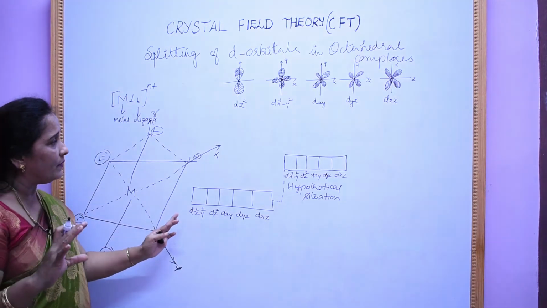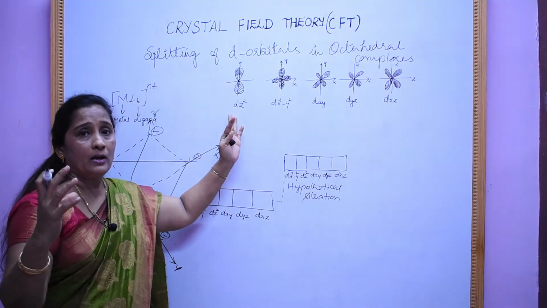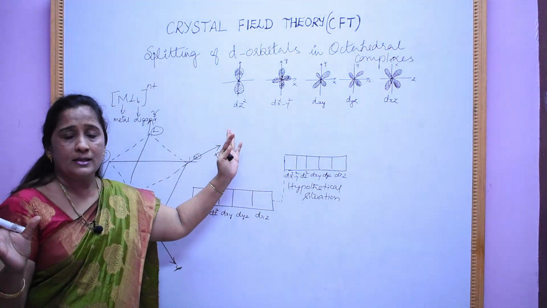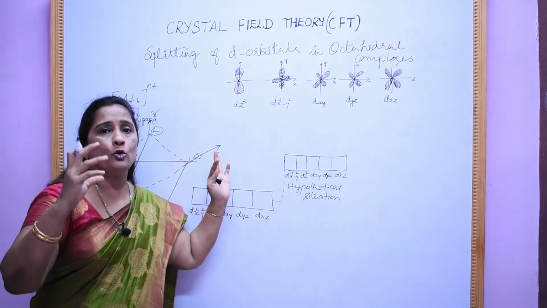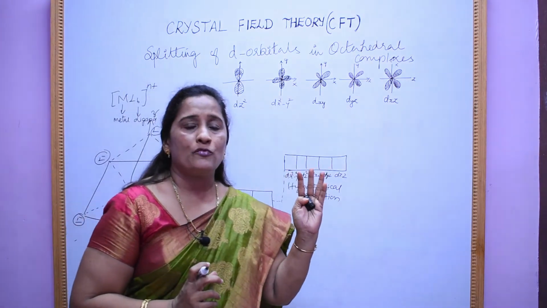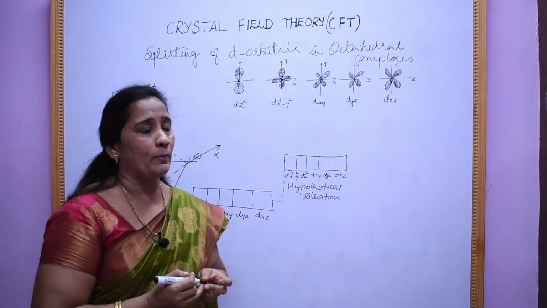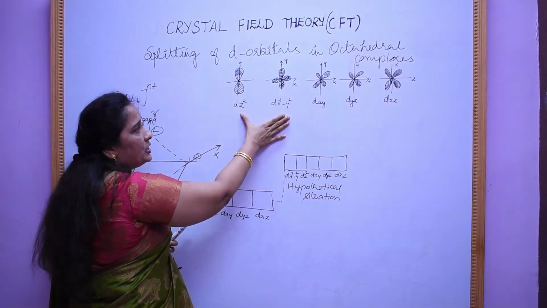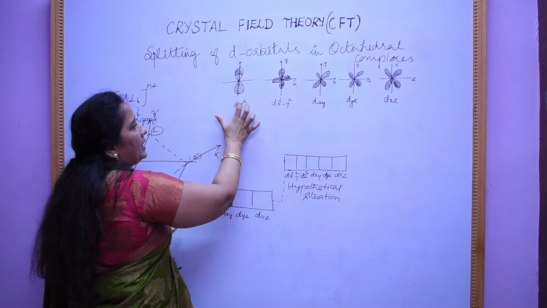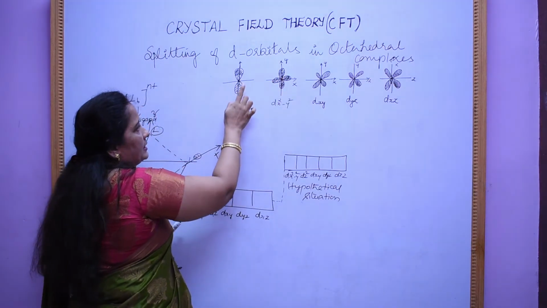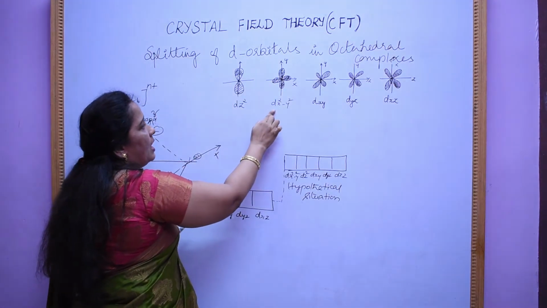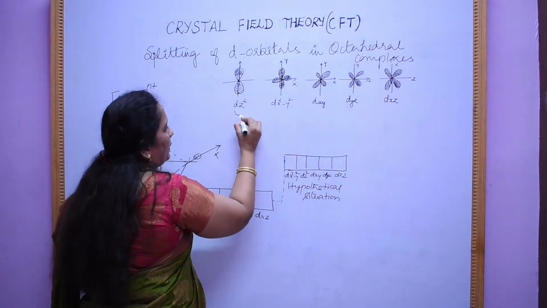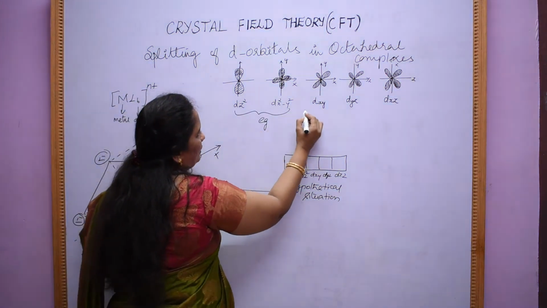We know that when the ligand approaches, the degeneracy is disturbed, and the orbitals are split into two types: the eg set of orbitals and the t2g set of orbitals, right? In the eg orbitals, we know the structure: in dz square and dx square minus y square, the lobes lie along the axes.